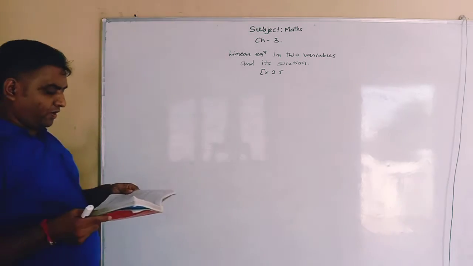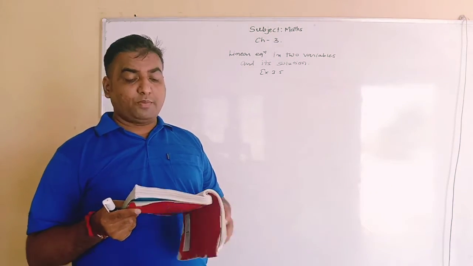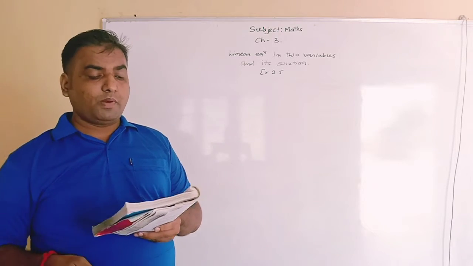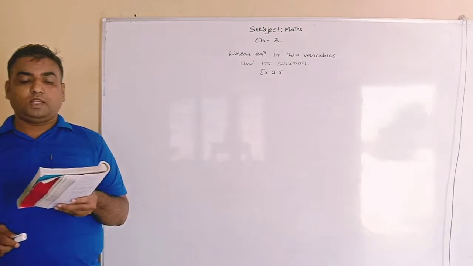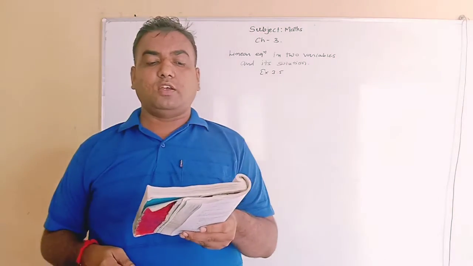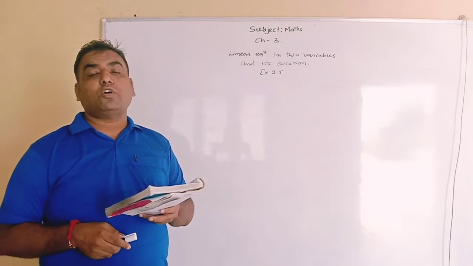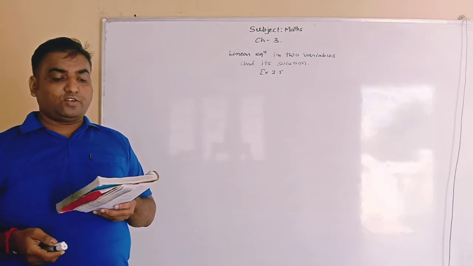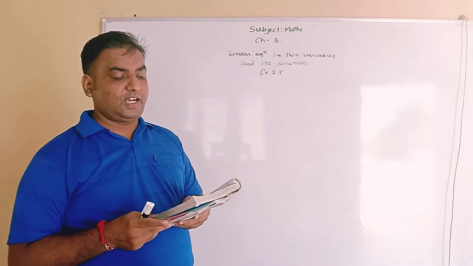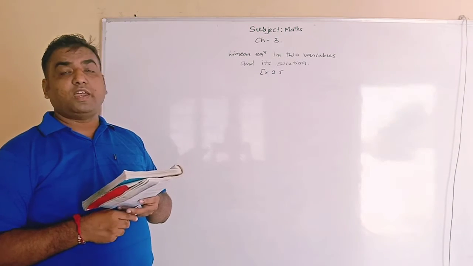Now question 4: solve the following pairs of linear equation problems. The first problem is that a part of the monthly hostel charge is fixed and the remainder depends on the number of days one takes food. So there are two types of charge: one fixed charge and one depending on the number of days the food is taken.